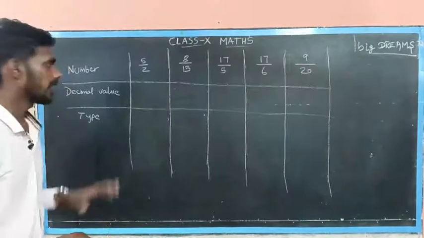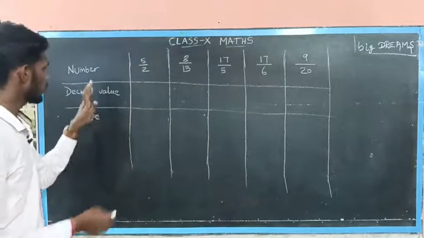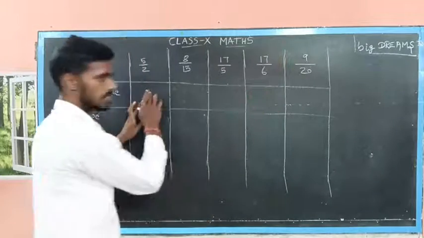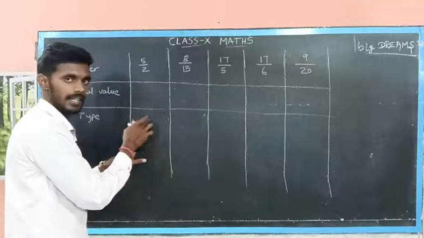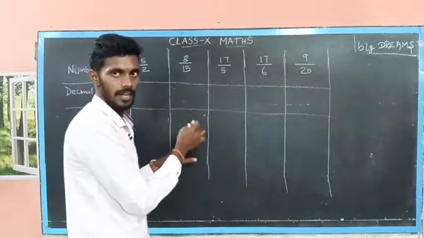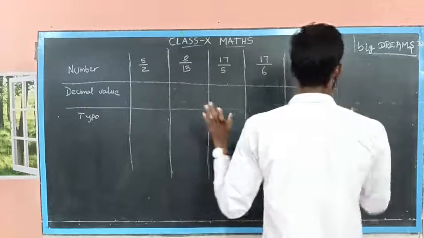Okay. Students, here I have written a few examples of rational numbers. Then I am going to find the decimal values of these numbers and categorize them as either terminating decimal values or non-terminating recurring decimal values. Let's see. The first one, 5 by 2.